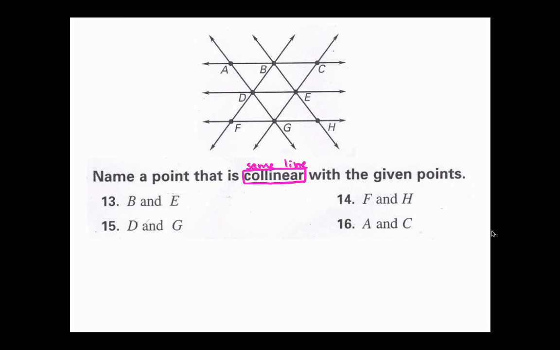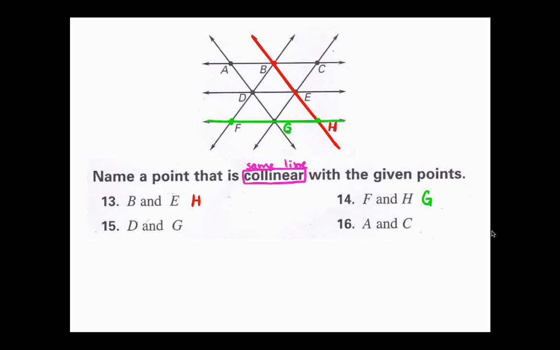So in problem 13, we have B, we have E. So we're working with this line, and our third point on that line is H. For problem 14, we're looking at F and H. So this is our line, and our third point on that line is G.